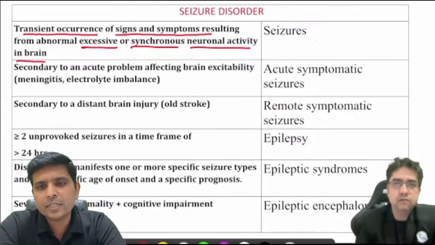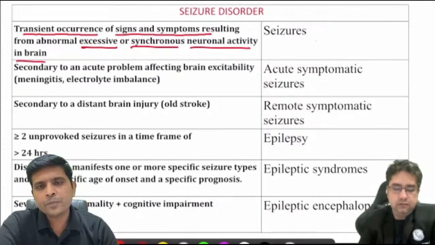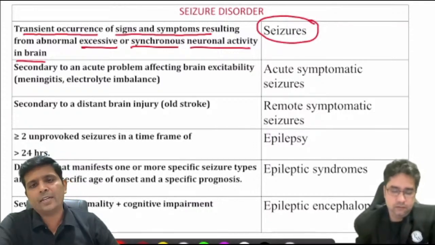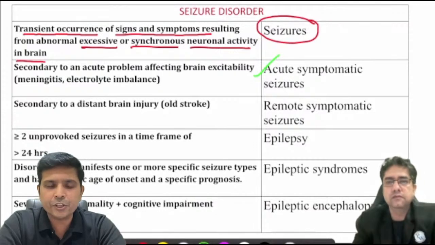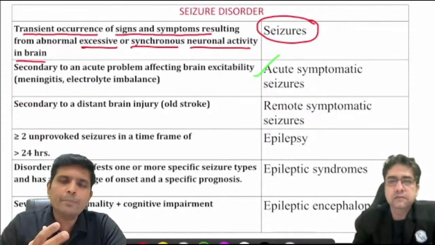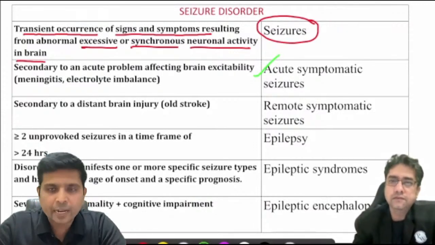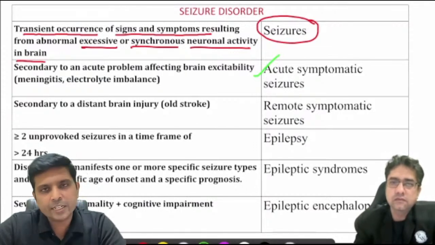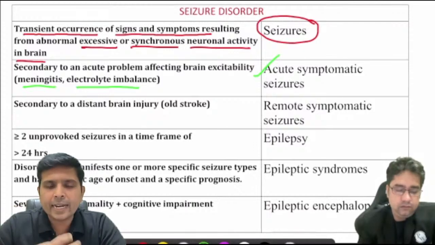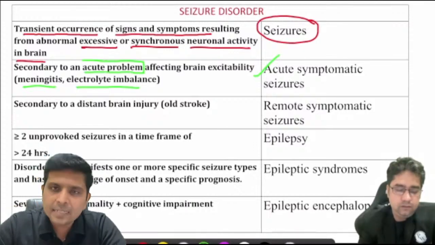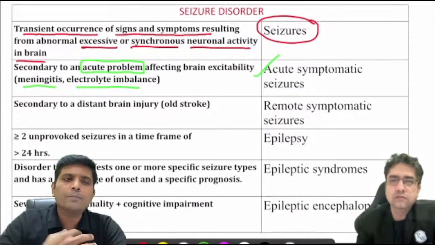And these seizures can be of two types. It can be acute symptomatic seizures. What do you mean by acute symptomatic seizures? Whenever you have hypoglycemia, hypocalcemia, meningitis, or a trauma, any acute event can irritate your brain, as a result of which you can throw up seizures.